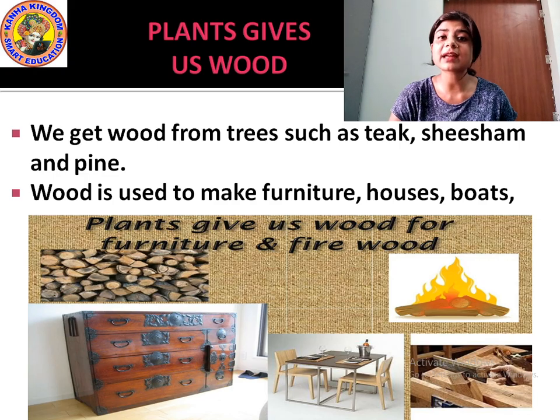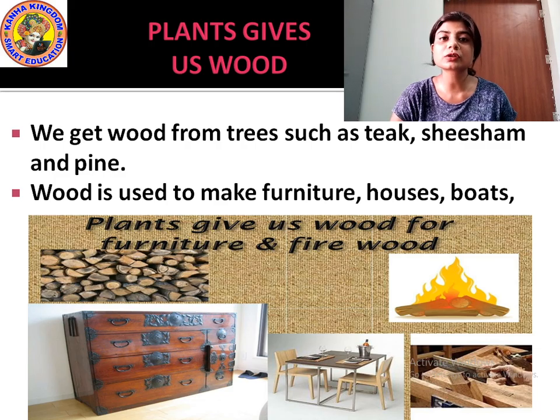Okay, these big trees are cut down to get wood, and this wood is used to make furniture, houses, boats, carts, etc. What do we use wood for? We use wood to make furniture, the tables and chairs at home. It is all made of wood, and this wood is obtained from plants. The windows and doors at your home are made of wood.